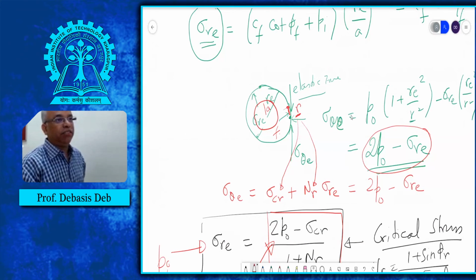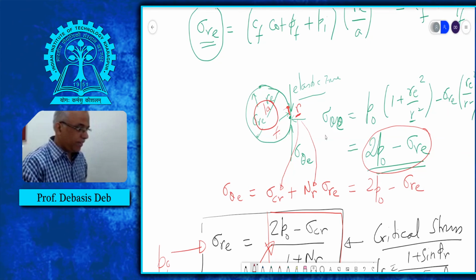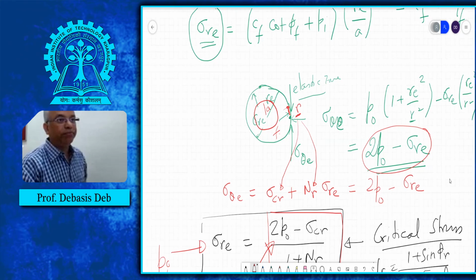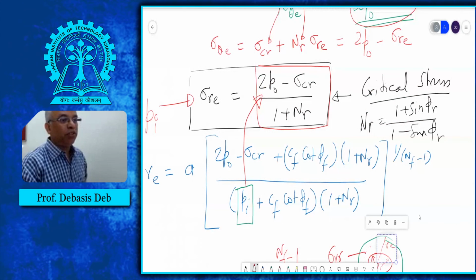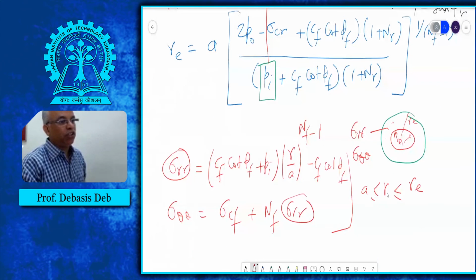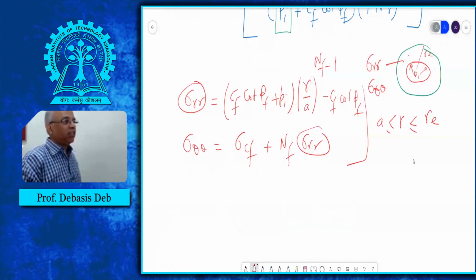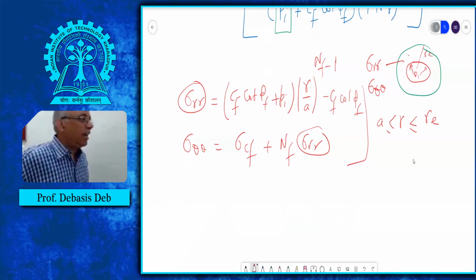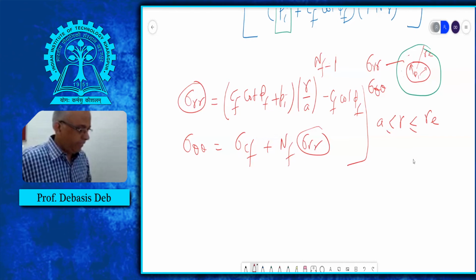Like this equation for sigma theta e, similarly sigma re also you can write. So this will come from the Kirsch solution because it's elastic, with sigma re as the support pressure, and radius will be Re.